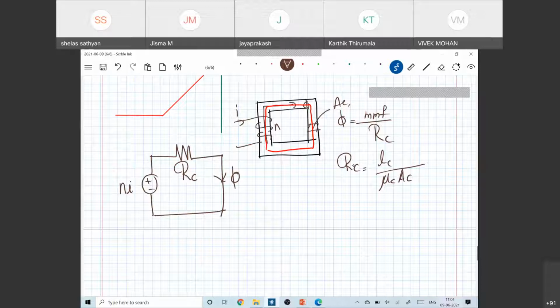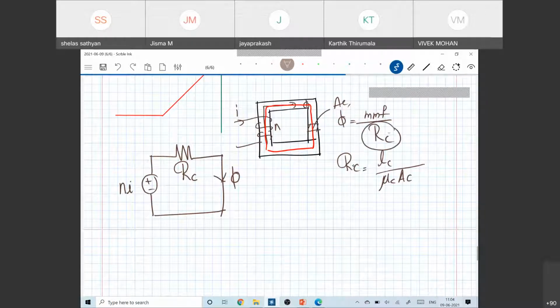Now, the reluctance offered by the ferrite core is very small because it has a high permeability.